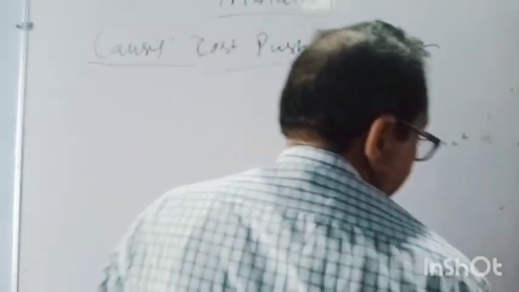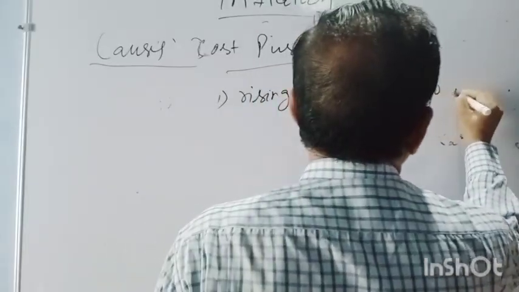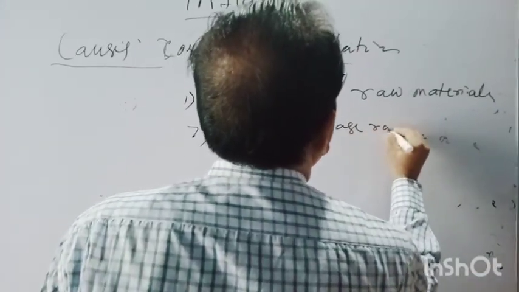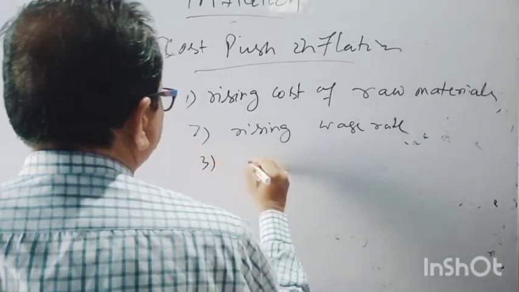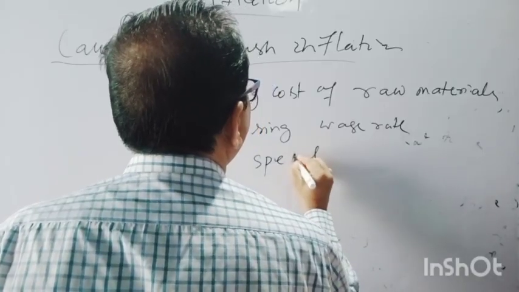What are the different causes? Causes are increasing cost of raw materials. Second, rising wage rate of laborers. Third, speculation and hoarding.